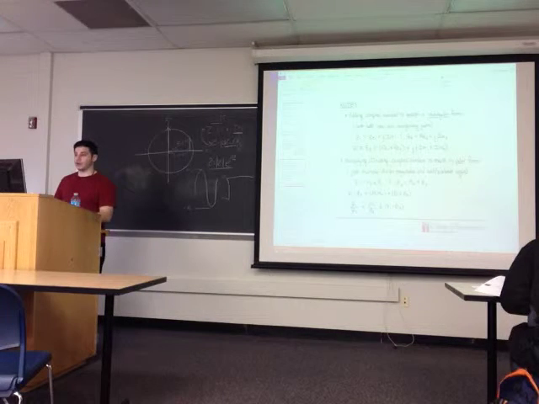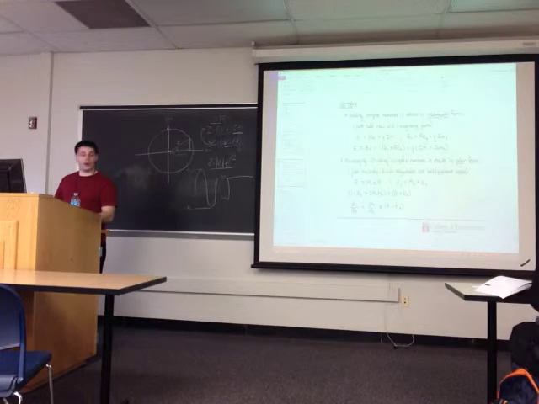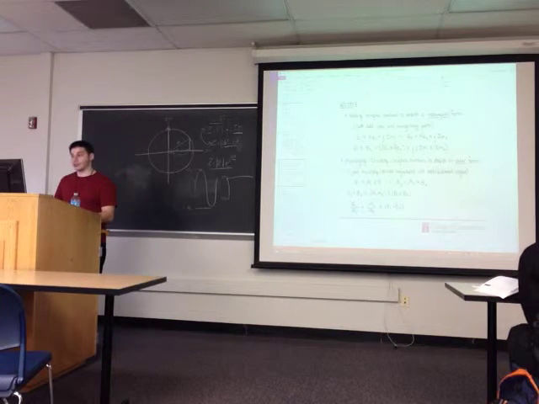So right here, for Z1, we have the real part of 1 plus the imaginary part of 1. And for Z2, we have the real part of 2 and the imaginary. So we would just add or subtract those real parts, and the same with the imaginary.